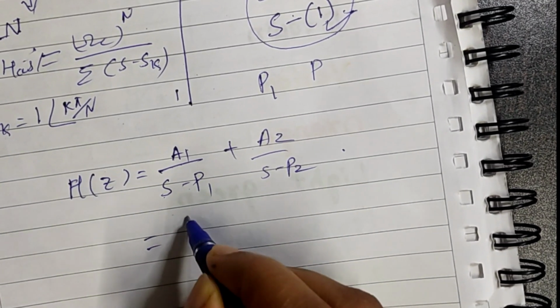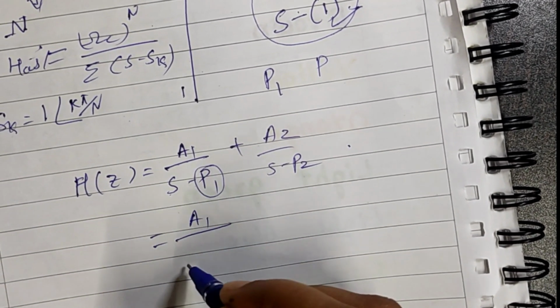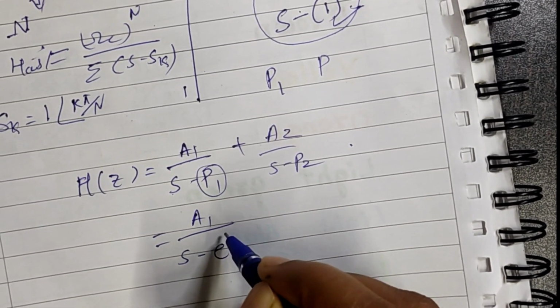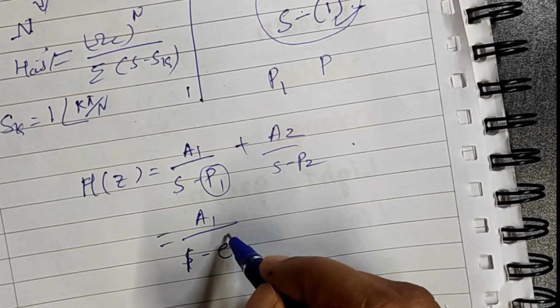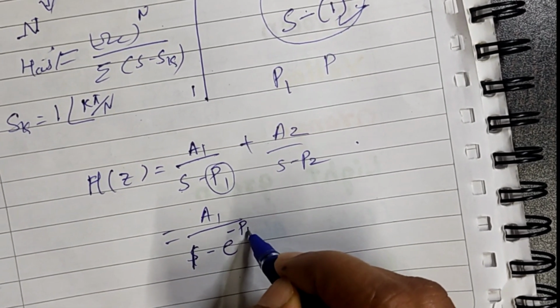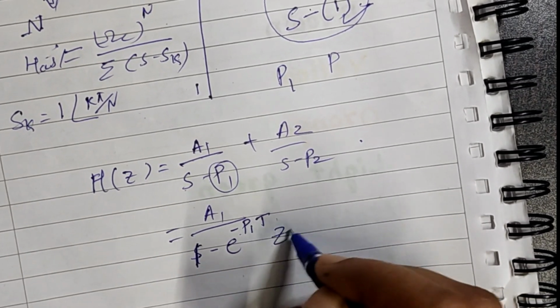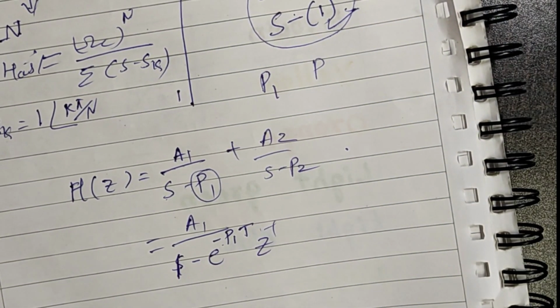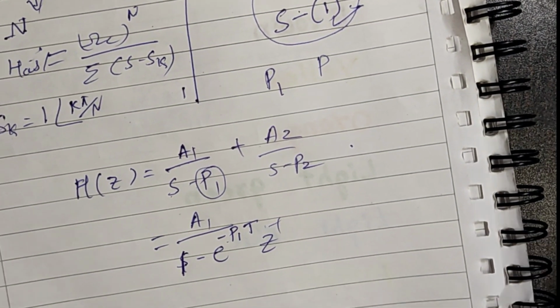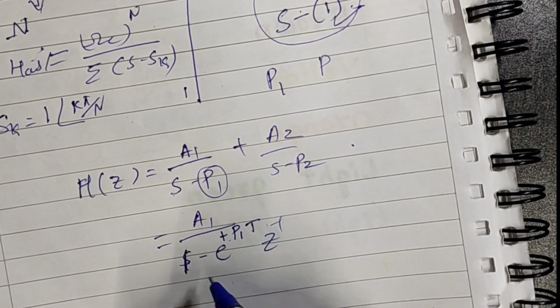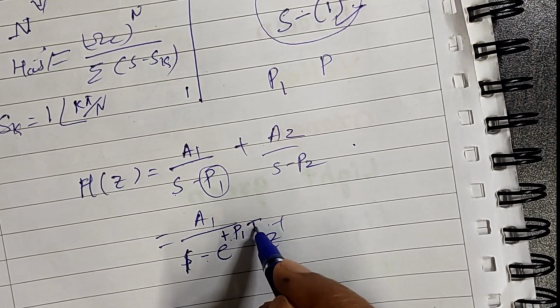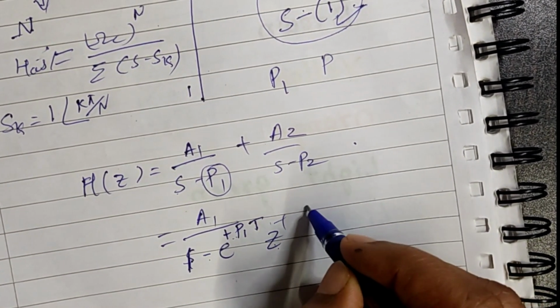Later, in place of this, a1 divided by 1 minus e raised to p1 t into z raised to minus 1 has to be expressed, with t as the sampling period.